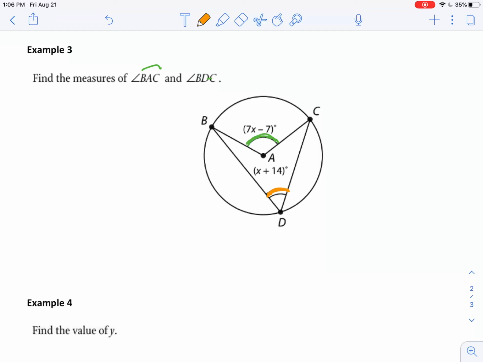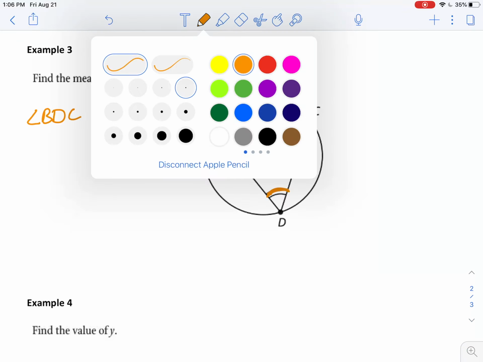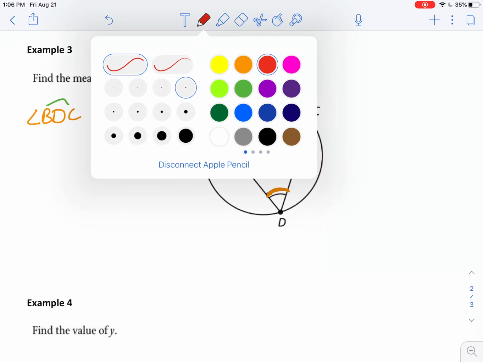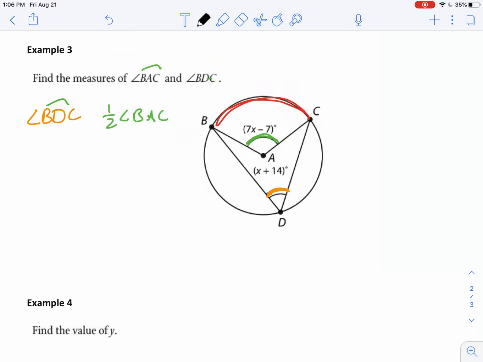I know that the measure of angle BDC is half of angle BAC, because both of these subtend the same arc, and BAC is equal to that arc, and BDC is half of that, that means BDC is half of BAC.